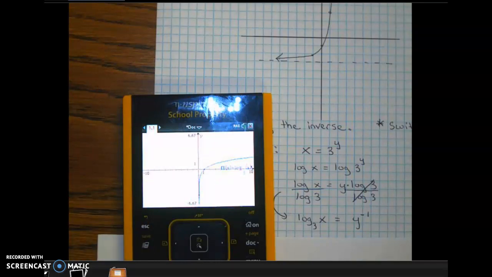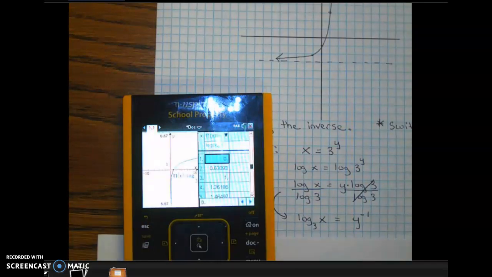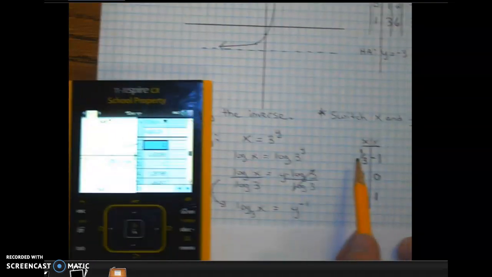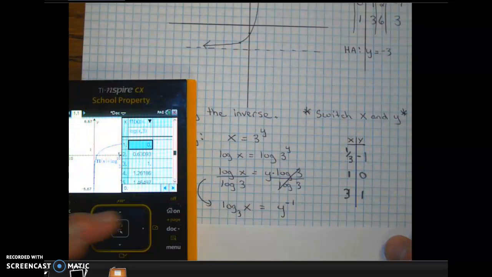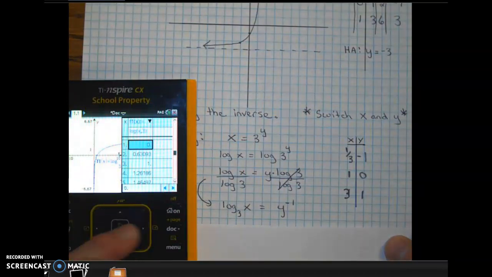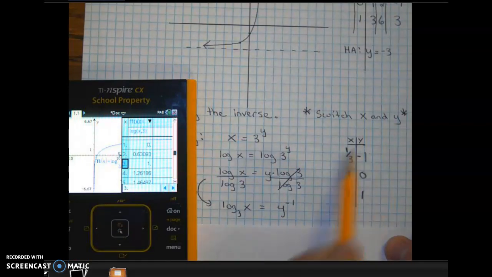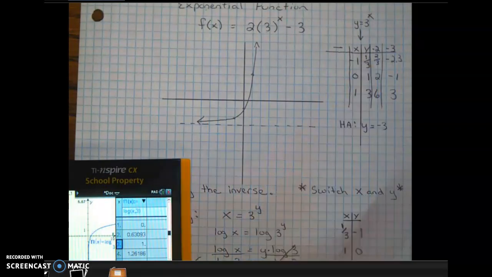Control T. Now this first point in our table is not going to show up because our x's are integers, but the next point will show up, 1, 0, which matches this point right here, and 3, 1 right here. Okay, and remember we got these points from switching the x and the y above.